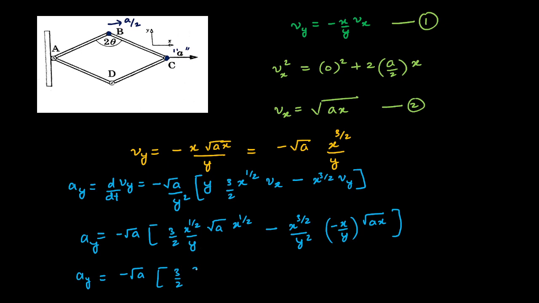This is going to be x by y. Let me take this root a outside and call it just a, and minus, this is x power 3 by 2, and simplifying it further, this is root a, I have taken it outside. It is x power of 3 by 2 plus 1 by 2, so it is going to be just x squared, or let me just directly write x cube by y cube. You can easily observe this one here.